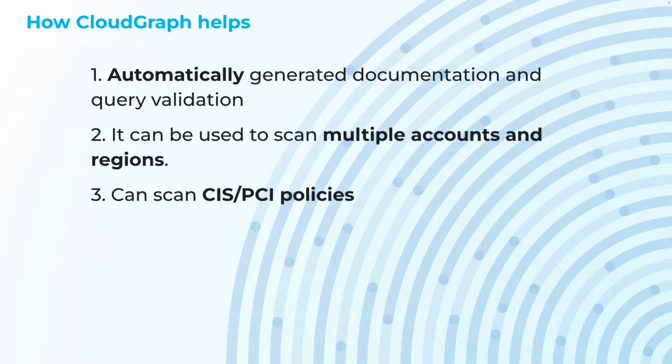It will then detail what's failed, how you need to remediate it, and a bit of information around why it's important. I won't be going into the PCI policies. The queries I have are for CIS when it comes to it.